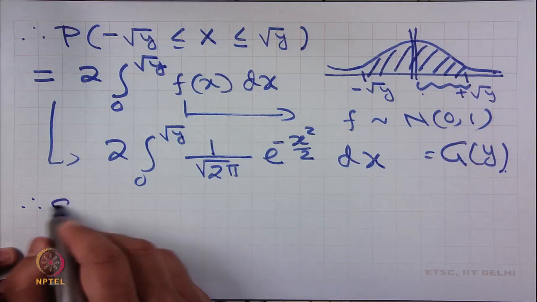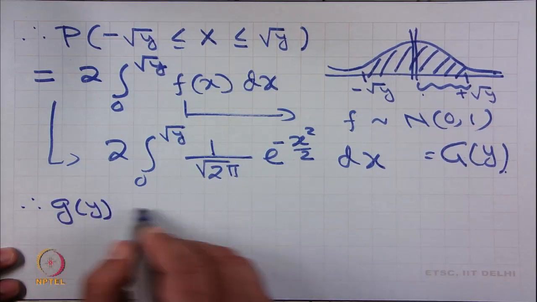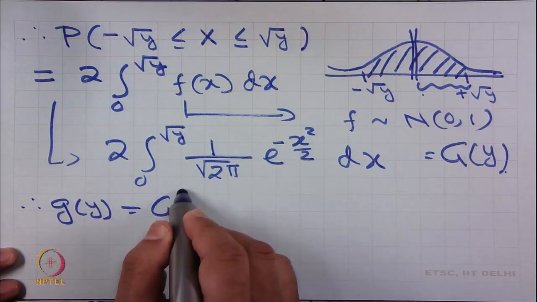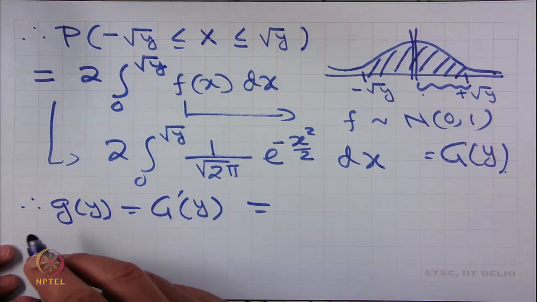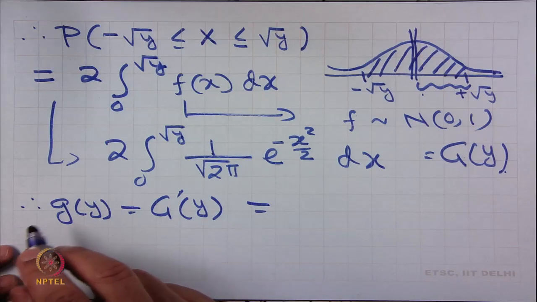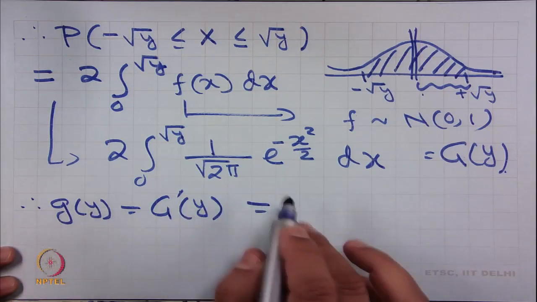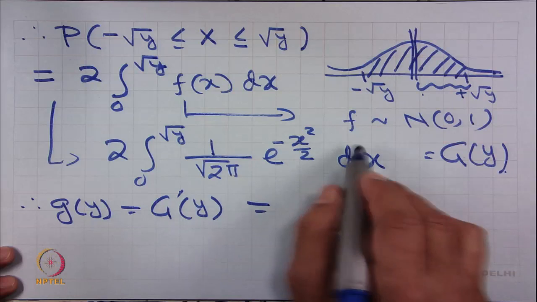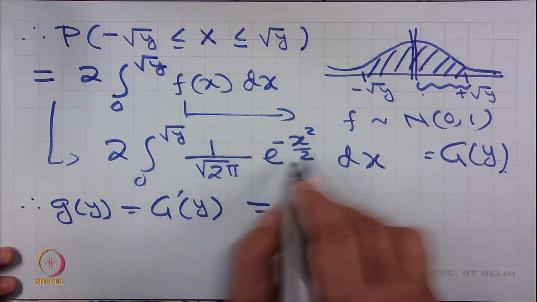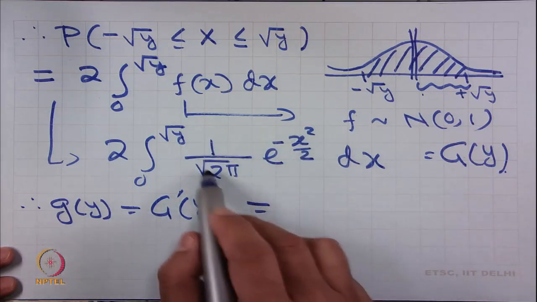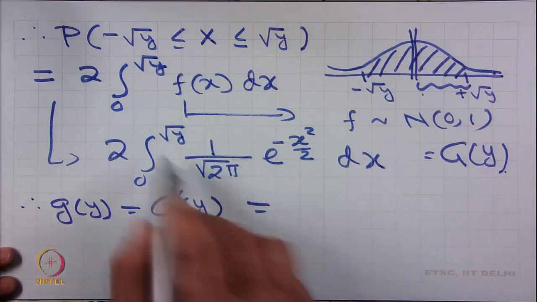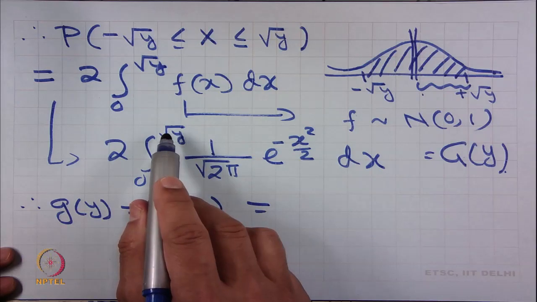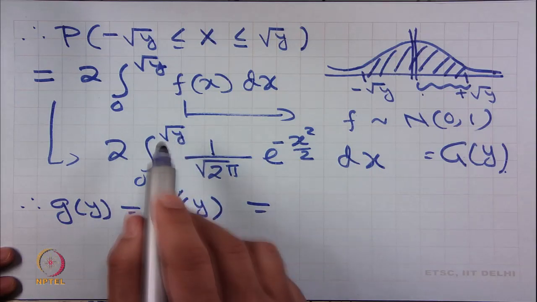Therefore, g y is equal to G prime y. That means, I am differentiating this with respect to y. So, we know that we get it by first replacing x with root y in this formula, multiplied by the derivative of root y with respect to y.